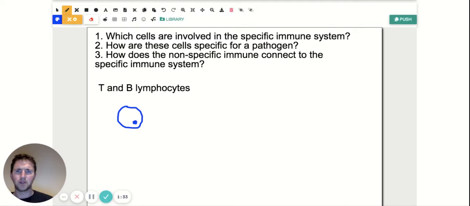We've got potentially helper T cells, the other type of T cell, cytotoxic T cells, and then we have B cells.